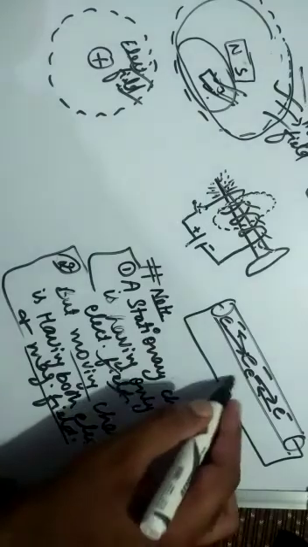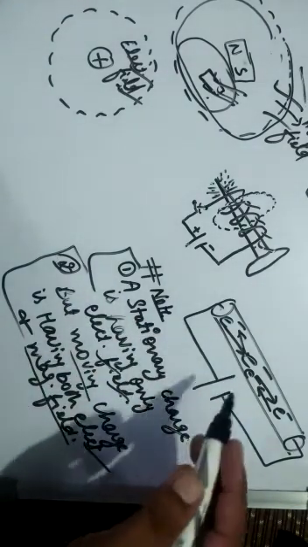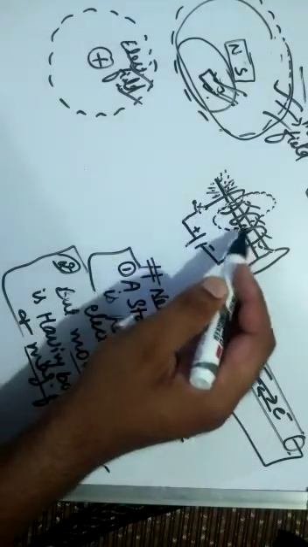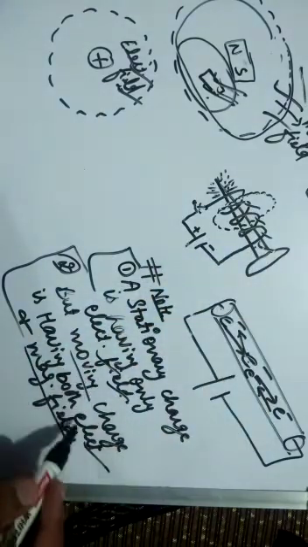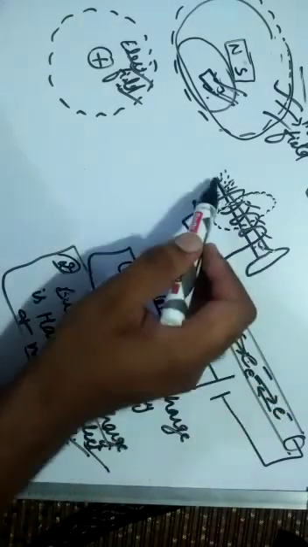So if you want to know about that, go for my previous videos of lesson 1. So it means when the switch is off, there is no net movement of electrons, hence no charge has been moving, hence no magnetic field, no magnetism, no attraction. That's it.